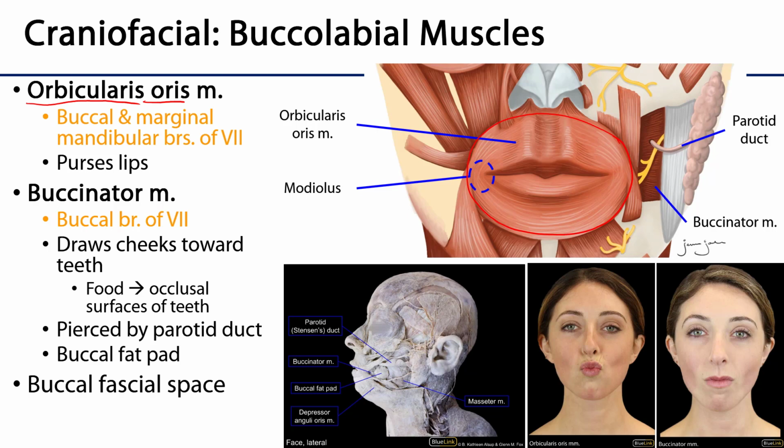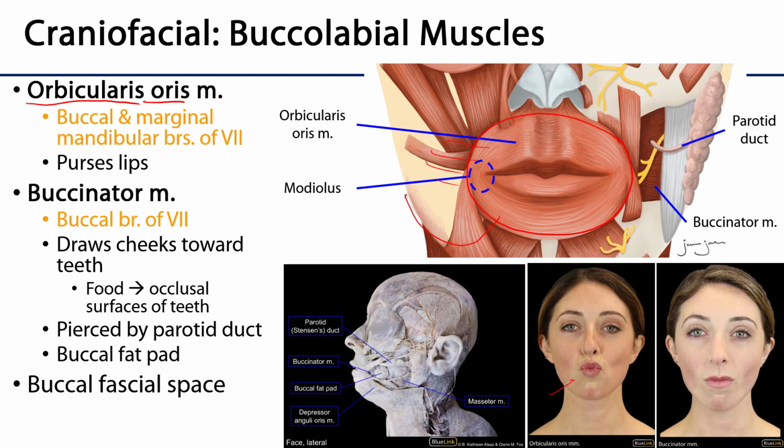And when contracted, this purses the lips. So if you think about that full-lipped ducky face that people make when they take selfies, that's compliments of orbicularis oris. And orbicularis oris is innervated by buccal branches, so we've got buccal branches coming across, and the marginal mandibular branch of the facial nerve.